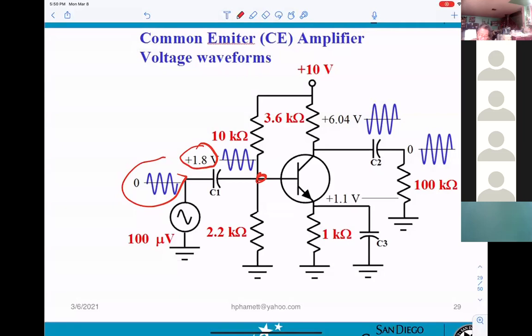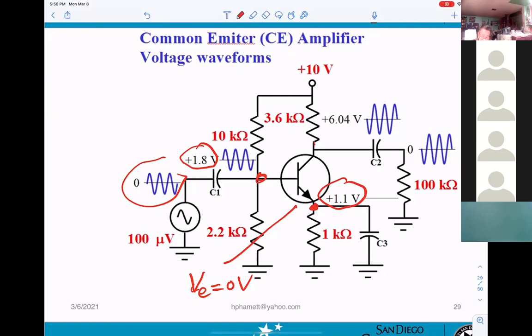And when you look at the point right at the emitter, for AC, at this point you get VE equal 0 volt, because it is shorted to ground. However, you still get the DC voltage here, 1.1 volt, when you calculate the DC.